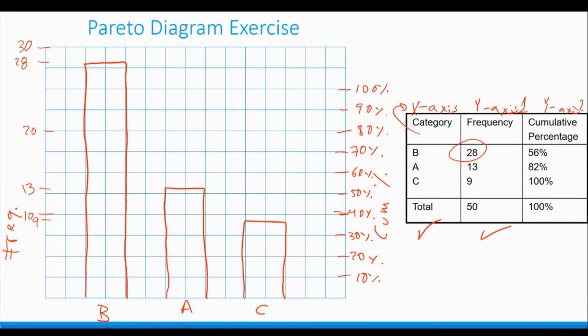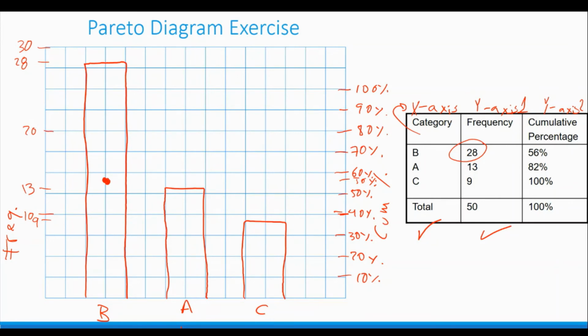So we see that for the cumulative percentage, category B or defect B has happened 56% of the time. Okay, so we see where 50 and 60 are, a little bit more than half will be 56%. It's a little crowded here, but I will show you after this in a different graph a little more neatly, just developing the graph so that you can follow what I'm talking about right now.